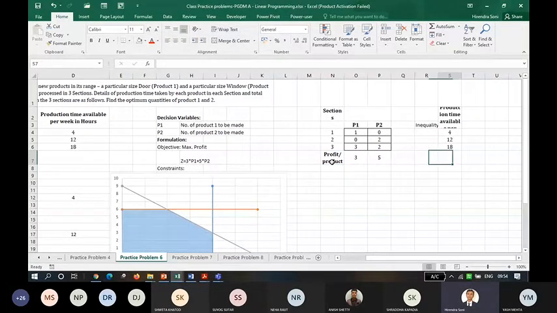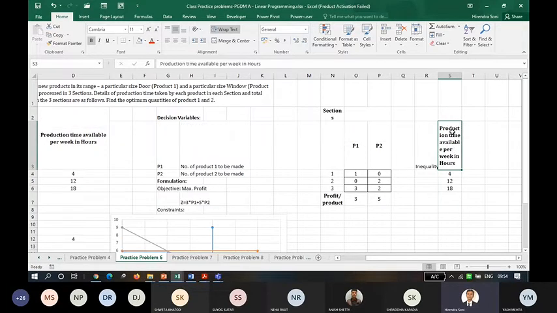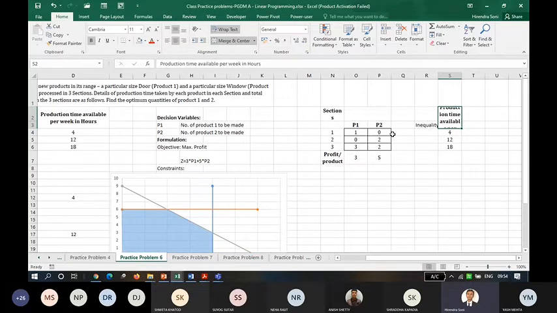Now production time available. Fine, and this would be production time used. So जो भी आपका production time used रहेगा, that has to be less than or equal to, correct ना?